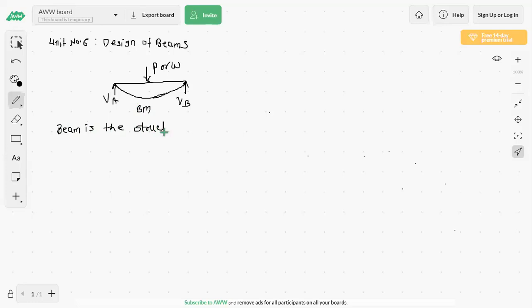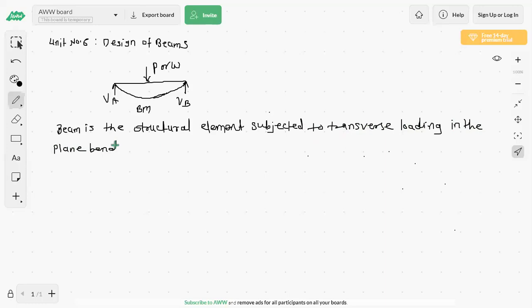Beam is the structural element subjected to transverse loading in the plane of bending, causing shear force and bending moment. So this is the definition of the beam.